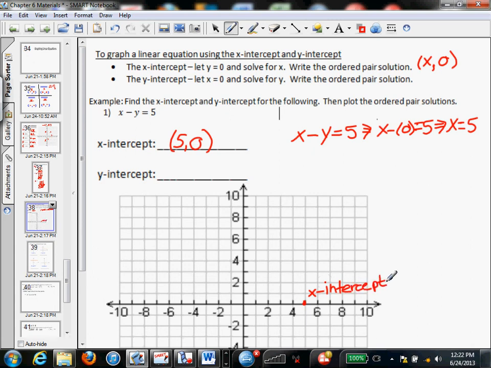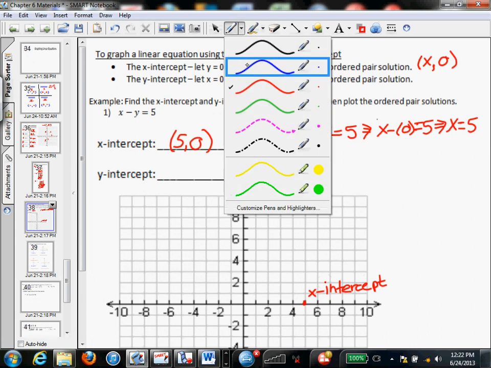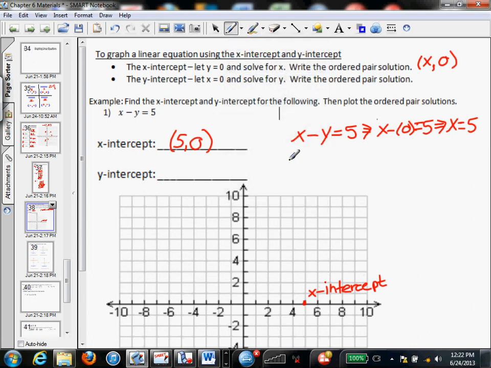Now let's look at the y-intercept. Okay, so for the y-intercept, it says to let x be 0 and solve for y. And we'll write the ordered pair as 0, comma, whatever the y-intercept is. So for this, let's write our equation, x minus y equals 5. Let's let x be 0 in this case, and we're going to solve for y.